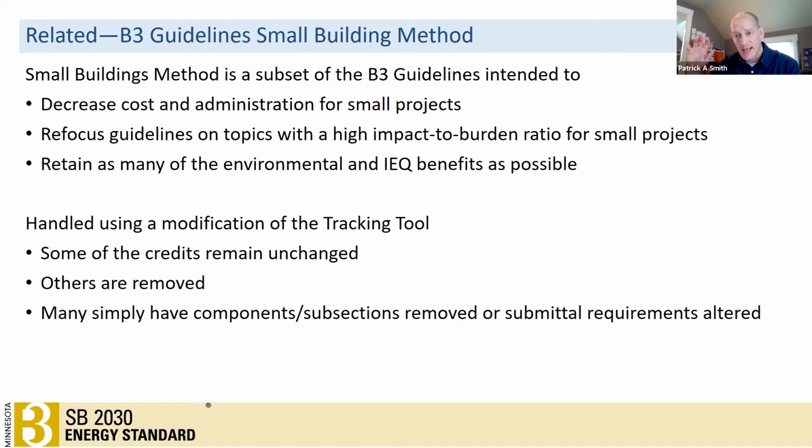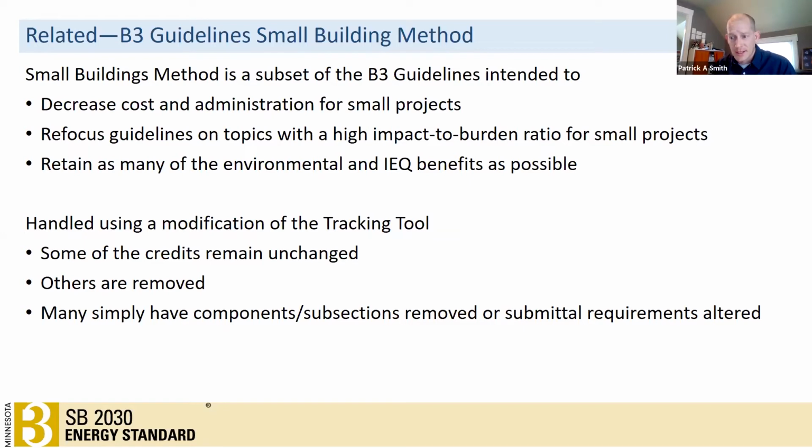So this is up and running in version 3.2 of the guidelines, and we are currently getting the final items in the tracking tool updated to accommodate this. Most of them are up and running, but there's a couple that are still not quite implemented yet in the tracking system.